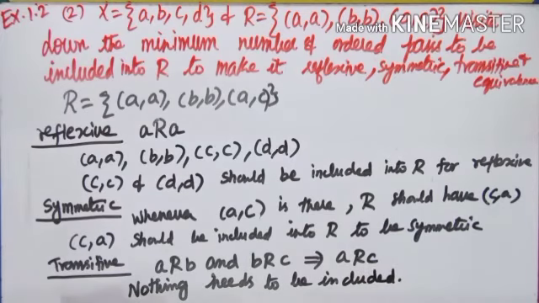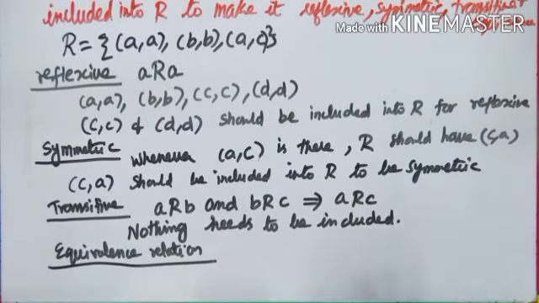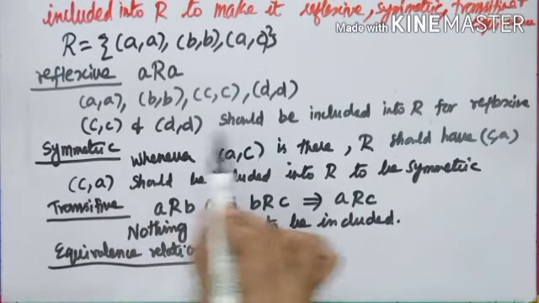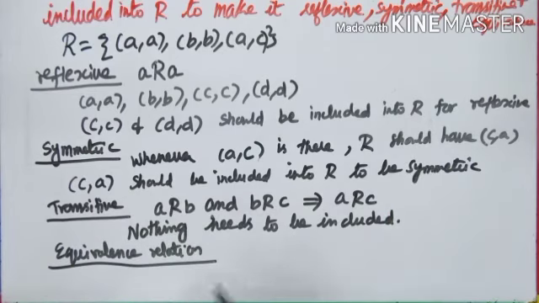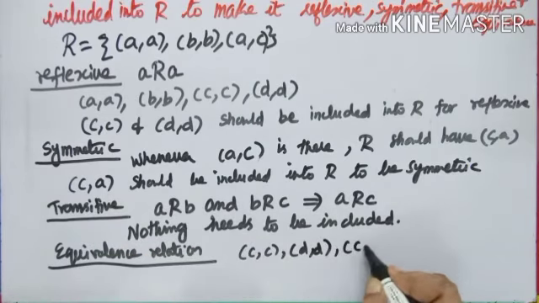The fourth idea, equivalence relation. What do you mean by equivalence relation? The given set should be reflexive, symmetric and transitive. So all that we said, let us include here. What all I must include? Reflexive means C, C, D, D. Symmetric implies I should include C, A. Transitive nothing.